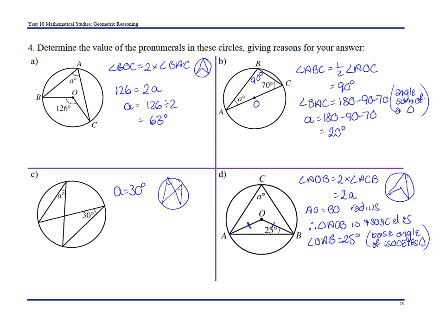So now if I put in all that information, that's 25, that's 2A there. So that means 2A plus 25 has to equal 180 degrees because of angle sum of a triangle. So you've got 2A plus 50 equals 180, 2A equals 130, so A has to equal 65 degrees.